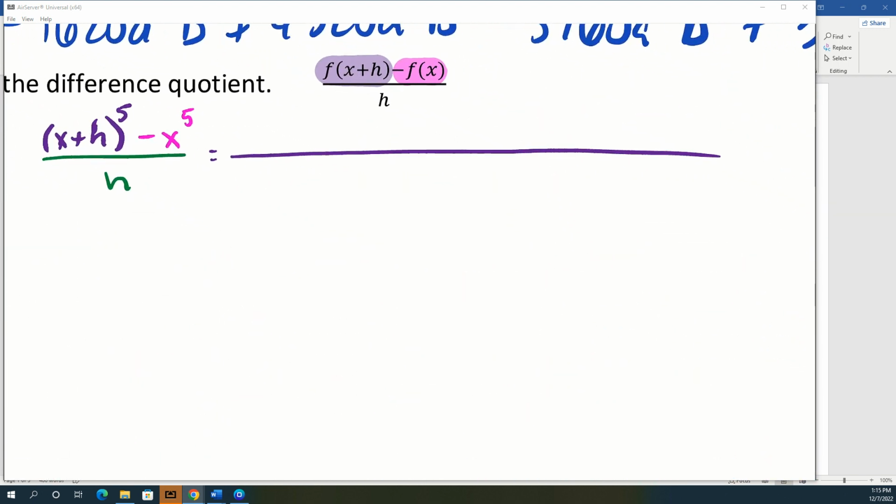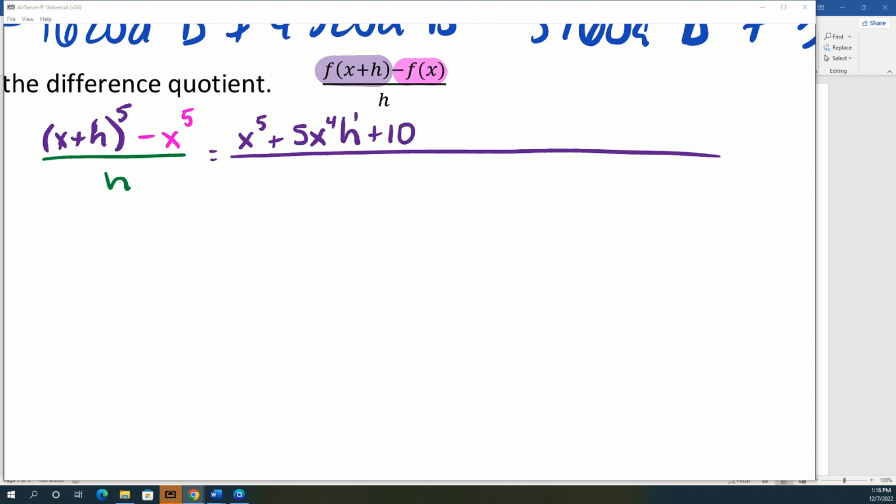All right, so it's going to be 1x to the fifth. And then because there's a plus sign, I don't have to worry about alternating signs. So it's going to be plus 5x to the fourth, h to the first. So the h power goes up and the x power goes down.